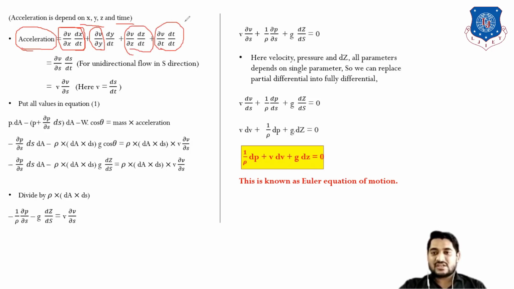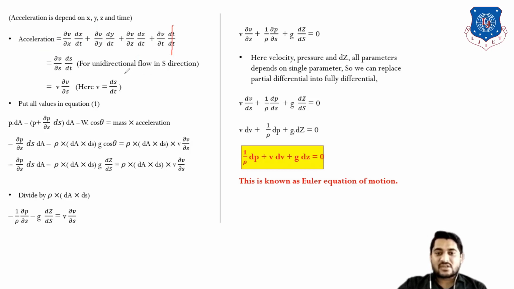Clear? Now here dt got cancelled. Here our flow is unidirectional. So unidirectional flow means x, y and z: from those three directions, we have to find only one direction. So two directions will get cancelled out. So y and z direction got cancelled out.